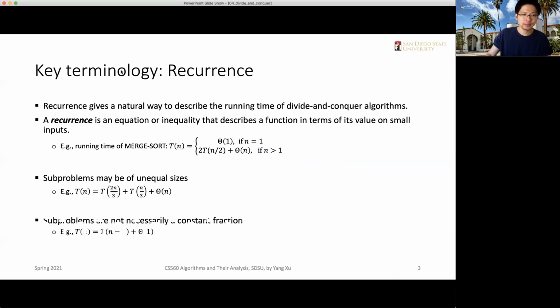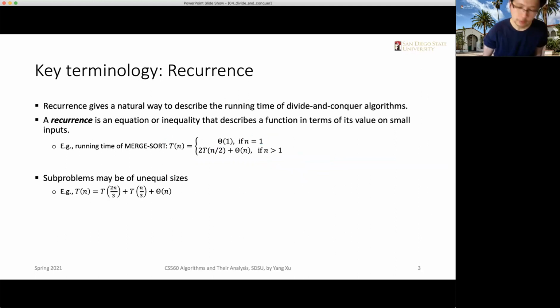And for basically all types of divide and conquer algorithms, we can use a recurrence to describe the running time. The subproblems are not necessarily the same size. They can be of unequal sizes, because the way that we divide determines the size of the subproblems.